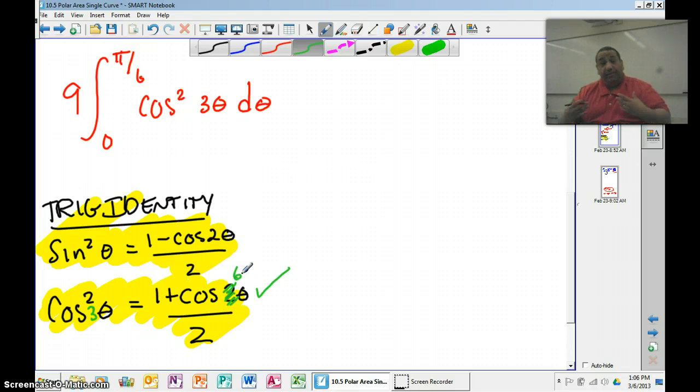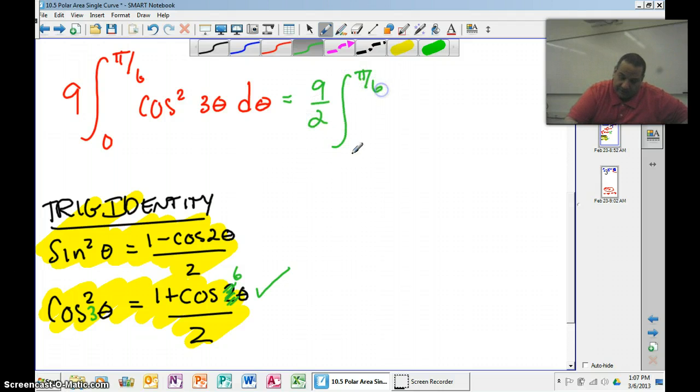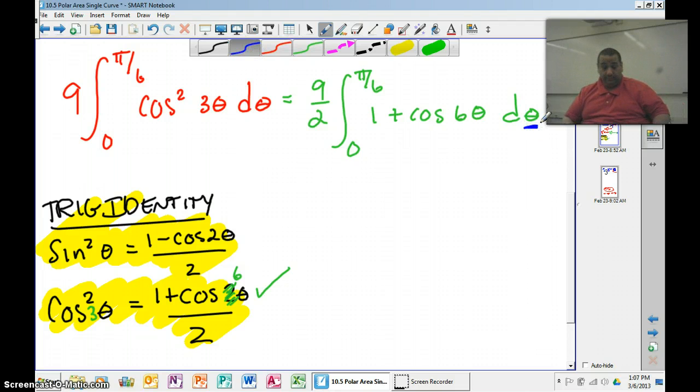So I'm going to go ahead and apply that identity. So I'm going to get 9. I'll bring the 2 out. So I got 9/2, 0 to pi over 6, 1 plus cosine of 6 theta d theta. Let's just keep in mind here, folks, we're integrating with respect to theta.